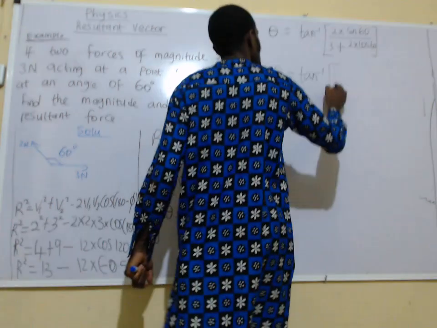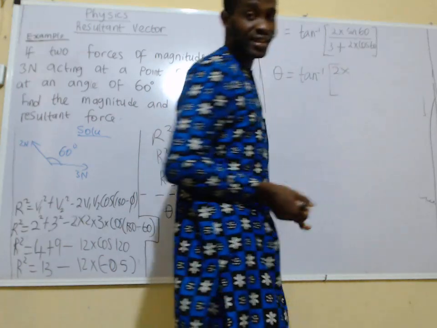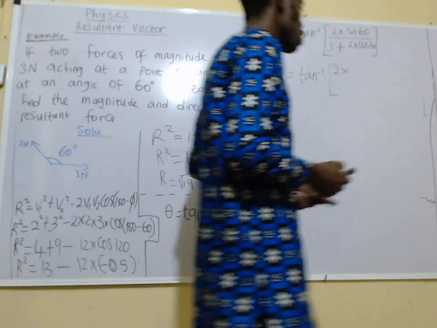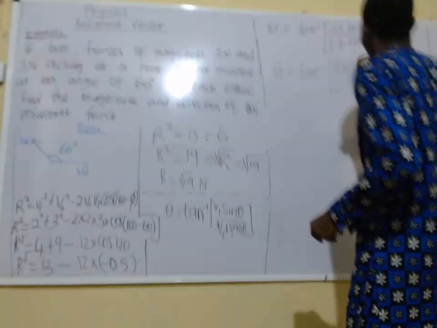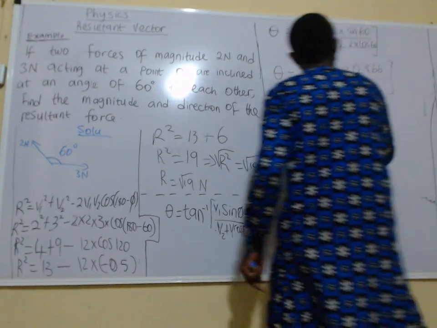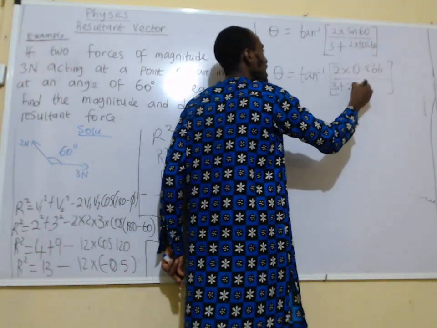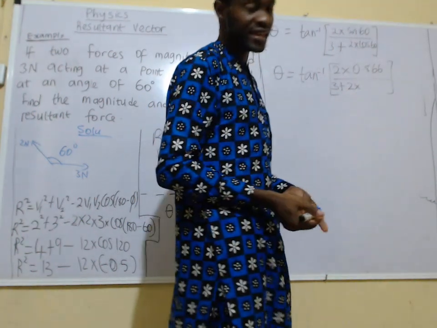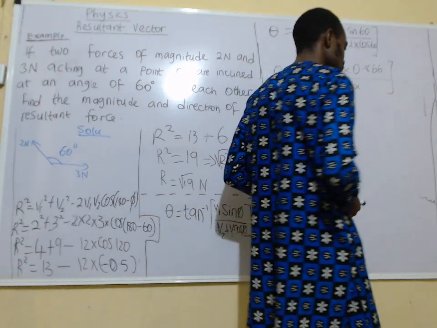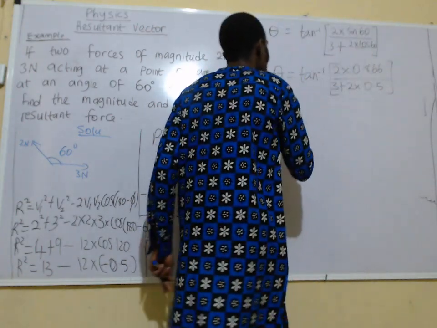Now when you deal with the numerator, 2 times sine 60 will give us 0.866. And the denominator, 3 plus 2 times cos 60, will give us 0.5. So we move on.